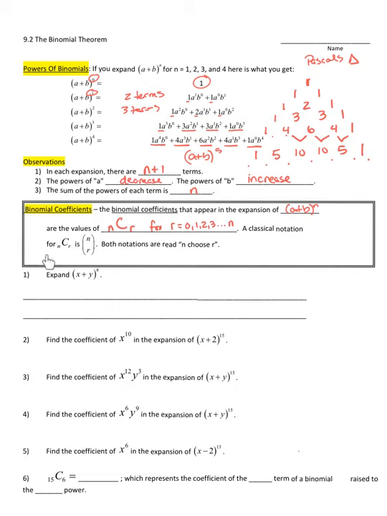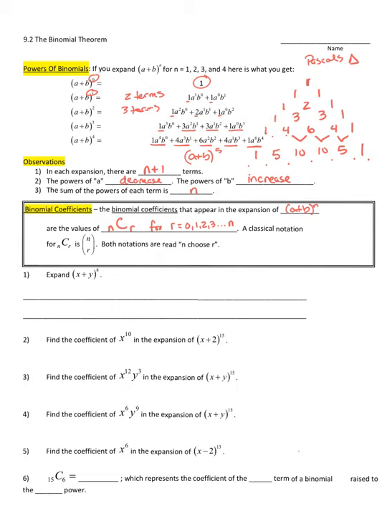The notation for the number of combinations of n things taken r at a time, nCr, has another different notation, which is parentheses with the n over the r. That means the number of combinations of n things taken r at a time. These mean the same thing. Both notations can be read as n choose r. You do need to say the word combination in there.